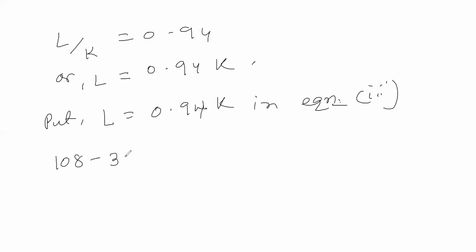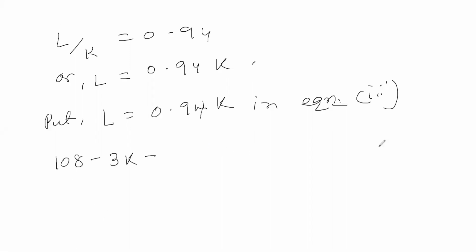108 minus 3k minus 4 into 0.94k. Let me write it again. I have just made a simple mistake here, so I'll write it again.